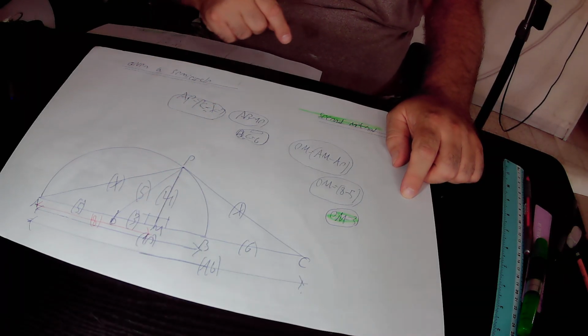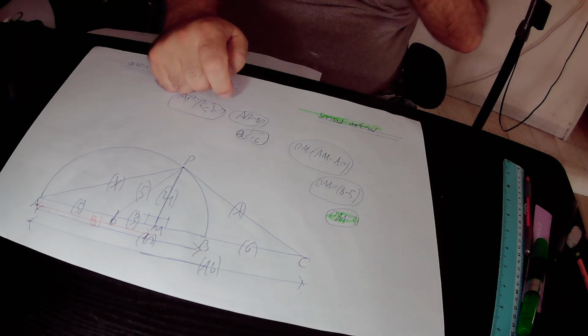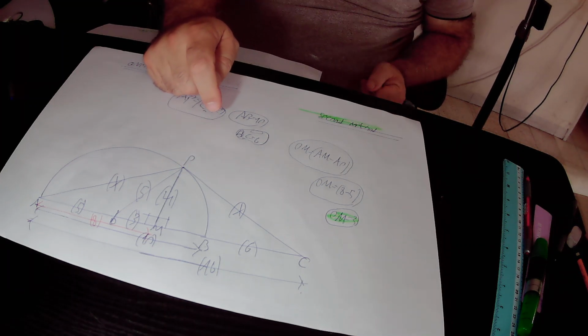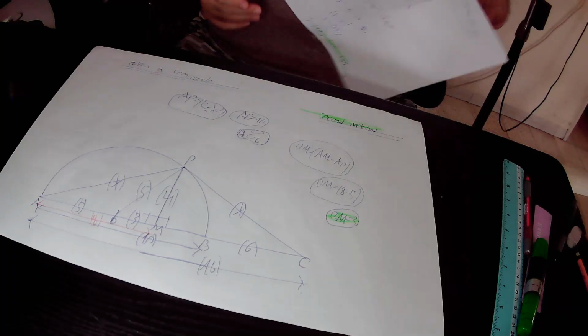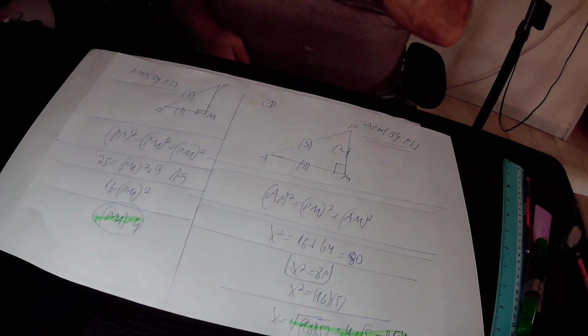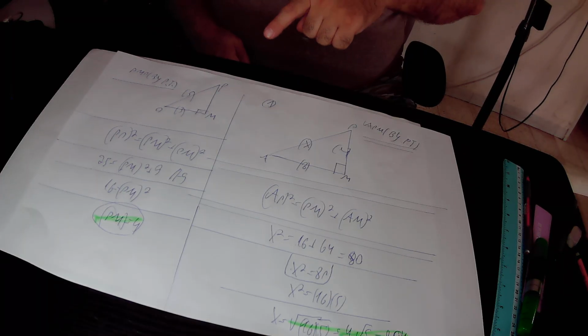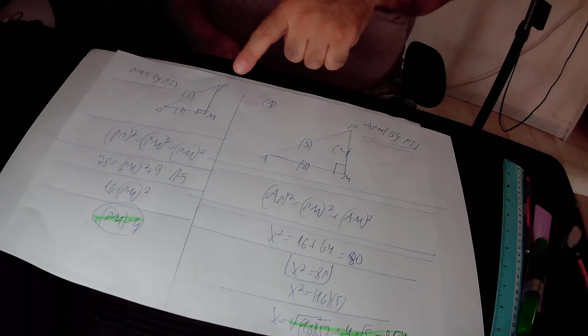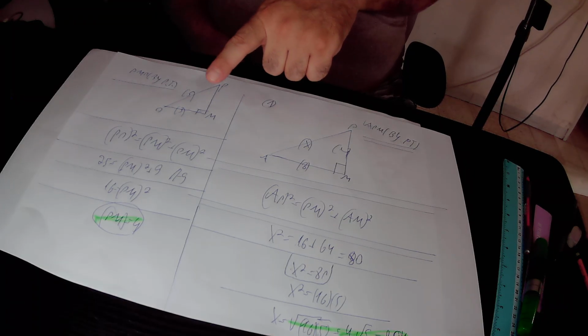In the next step, I copied the small right triangle POM onto a new page, and we implemented the Pythagoras theorem on it. According to the Pythagoras theorem, in this small right triangle POM, PO squared, the square of the hypotenuse, equals PM squared plus OM squared. PO is 5, therefore PO squared is 25, plus PM squared.